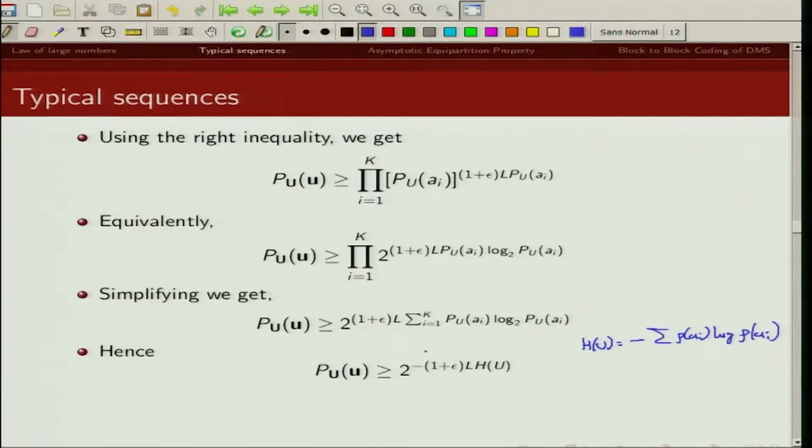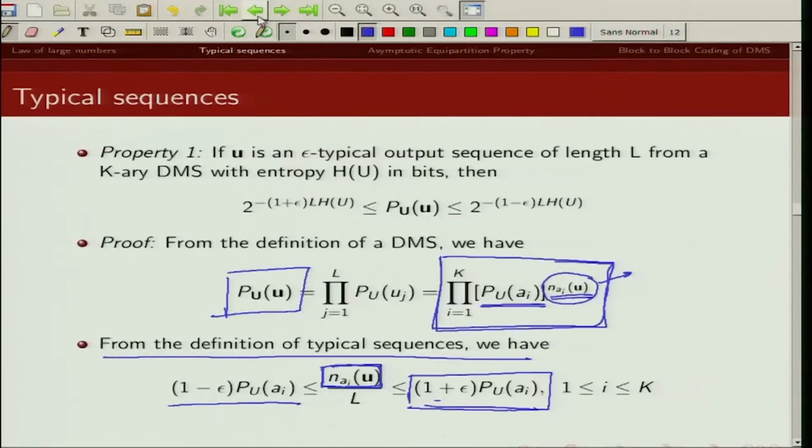So then this term becomes (1 plus epsilon) L times minus the entropy function. So what I have shown you is this: probability of U is lower bounded by 2 raised to the power minus (1 plus epsilon) L times H of U.